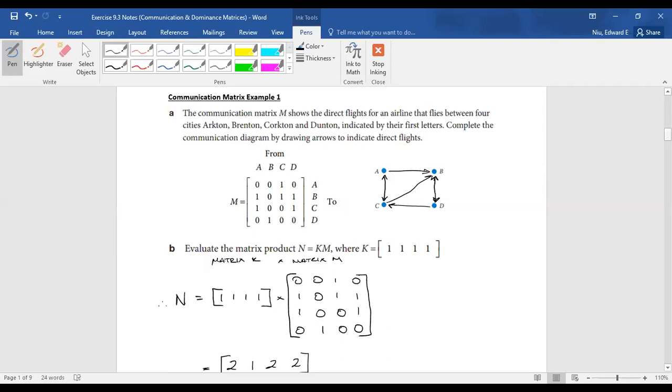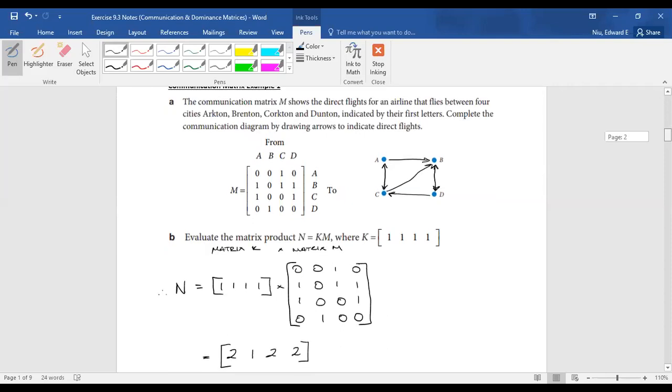The next part, B, says evaluate the matrix product N equals matrix K times matrix M, where matrix K is a row summing matrix of 1s. If we take a look, matrix M is up here, which is the communication matrix we just did for our diagram.